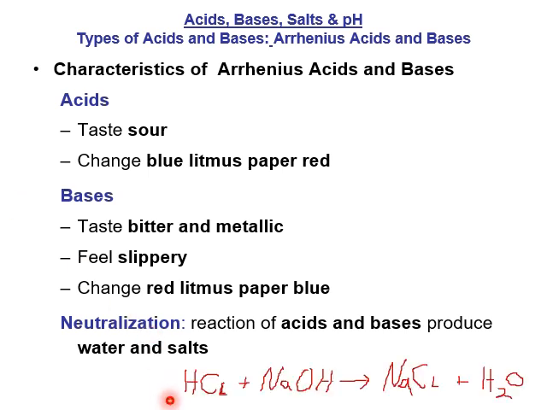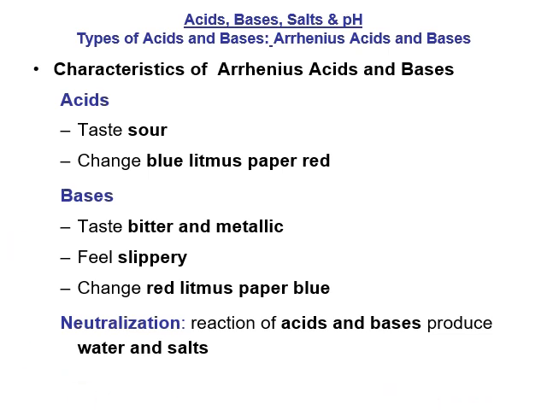So I drew a little equation here. Hydrochloric acid plus sodium hydroxide. This is an acid, this is a base. When those react and go through a neutralization reaction, you'll end up with table salt, NaCl, plus H2O, plus water. So that's a neutralization reaction. Now, looking at the other definitions of acids and bases.